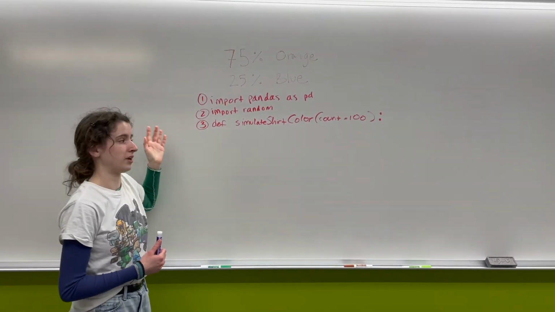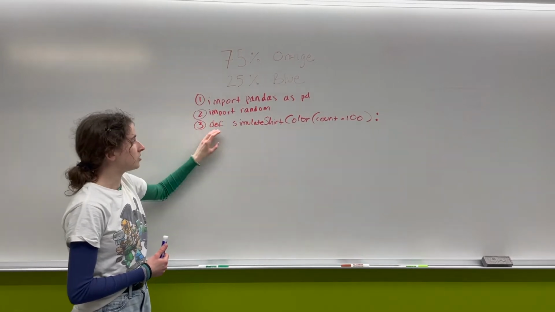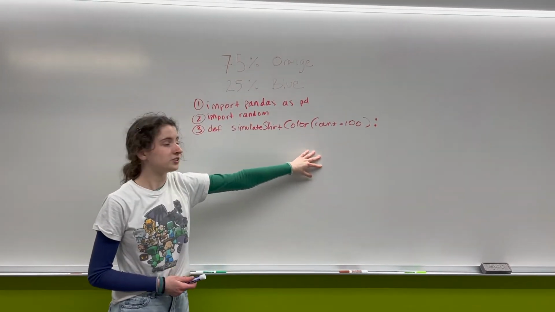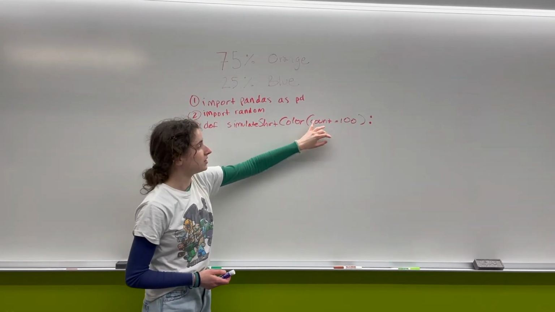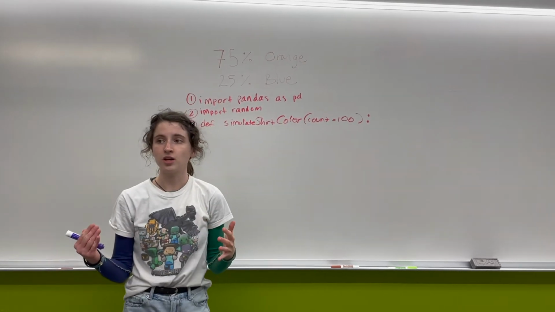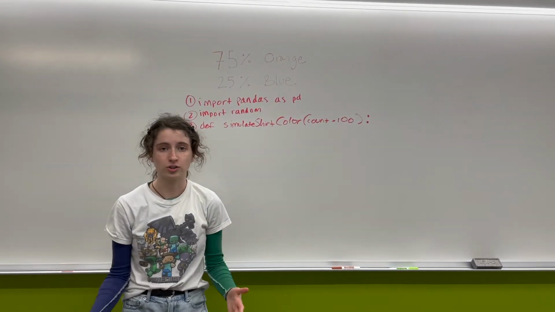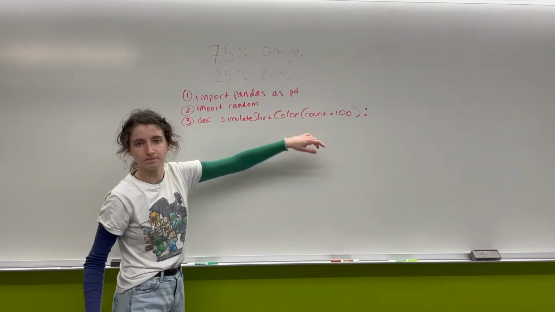They give you this code to start out with. They already import the libraries you need, and they define the function for you. And so what this count variable is here is a parameter of the function. This, like it says in the question, is supposed to be how many times you find the shirt color, or like how many people show up, and that's how many people you have to find a shirt color for.